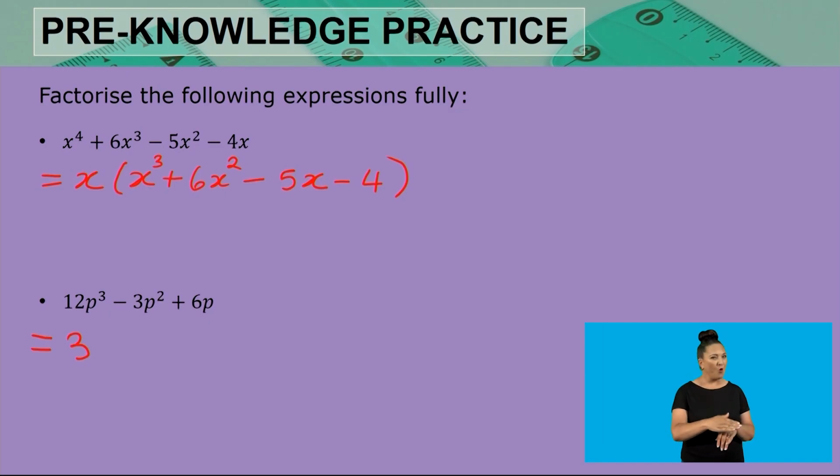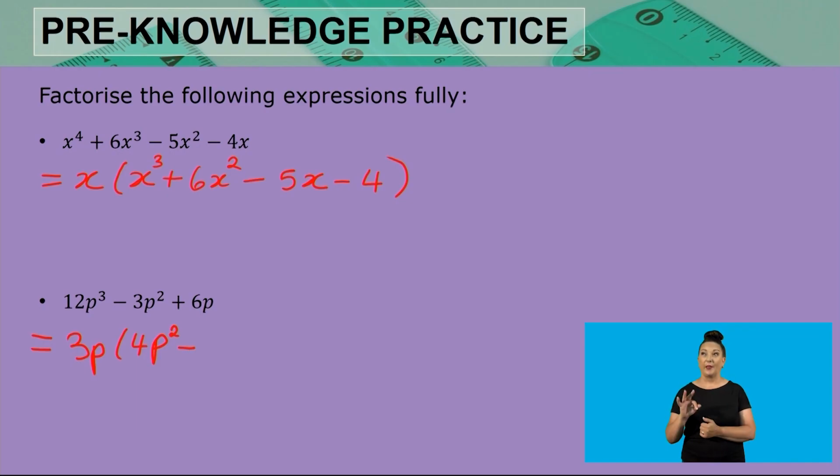We also have p as the common factor. So we are going to take each term and divide it by 3p. 12p cubed divided by 3p gives us 4p squared. And then we are subtracting there.